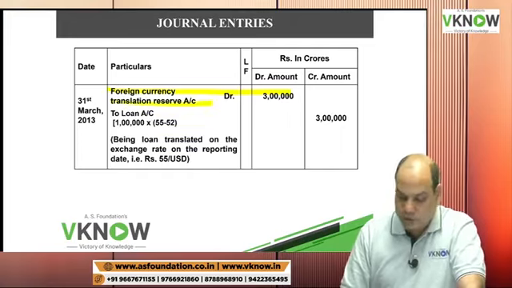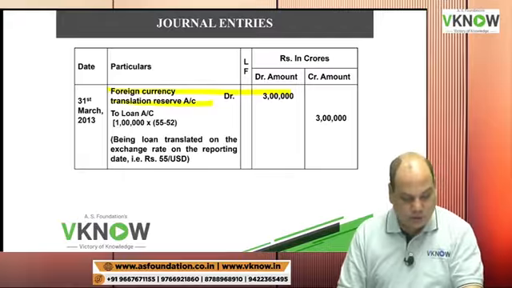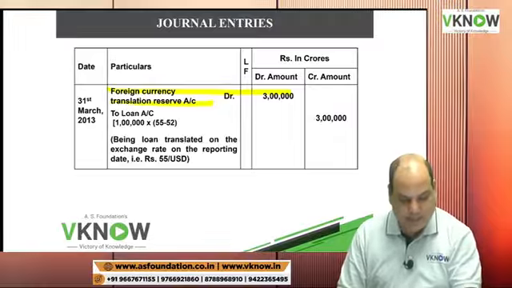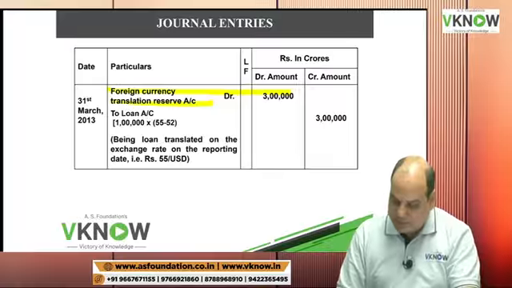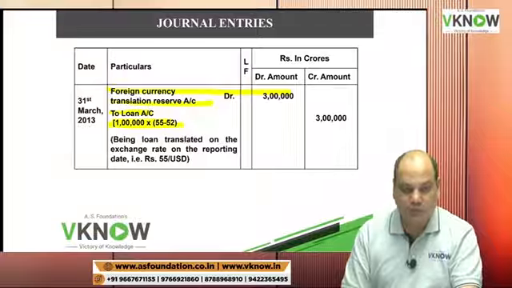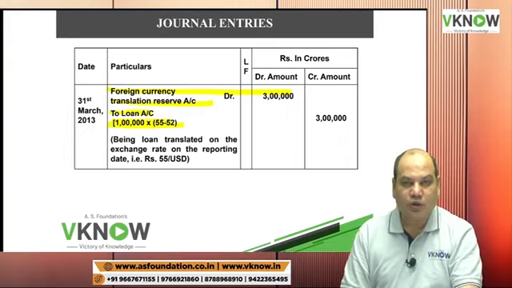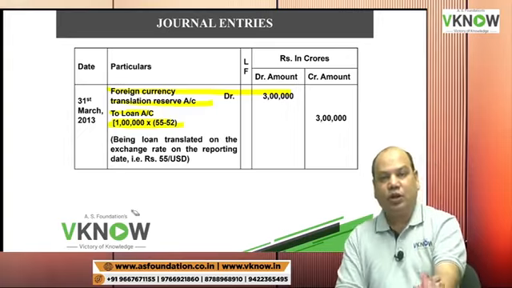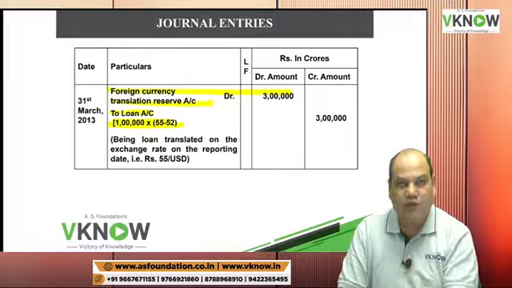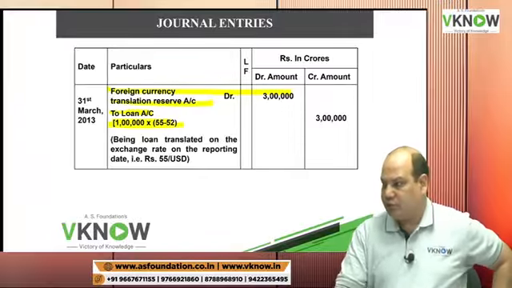So write down foreign currency translation reserve account debit, to loan account 3 lakh, because whether it is loan or land, both will be translated at closing rate and both will be transferred to FCTR because the foreign operation is now classified as non-integral foreign operation.